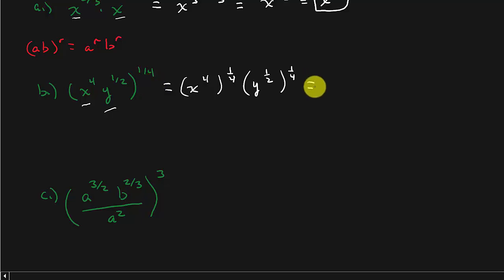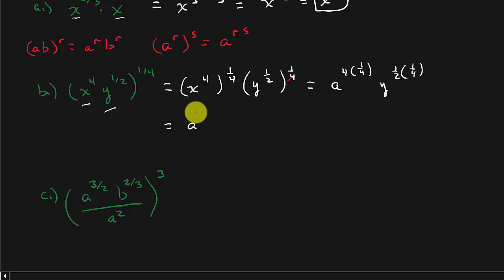Now the property that we have is a to the r raised to the s is equal to a to the rs. We multiply the exponents. And so this is going to be x to the 4 times 1/4 times y to the 1/2 times 1/4. Multiply the exponents. And then we have what? x to the 4 times 1/4 is 1.